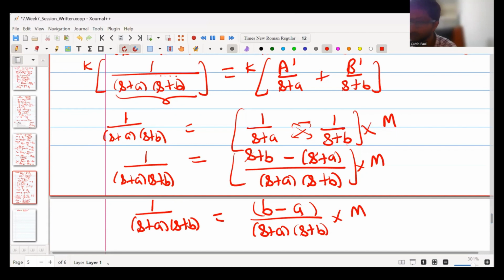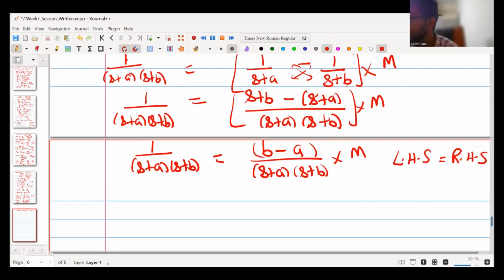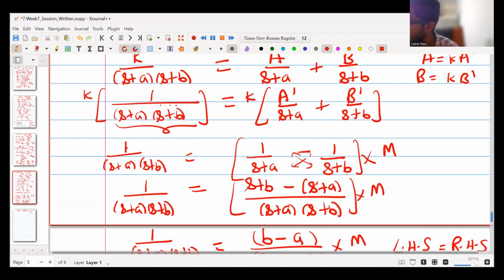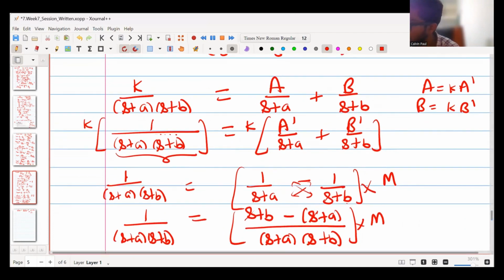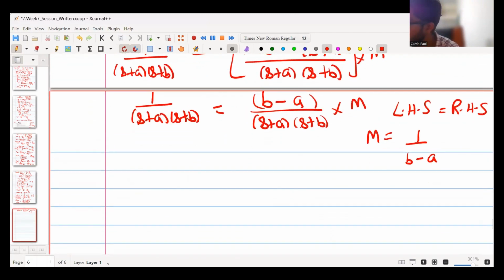So now if you want your left hand side to be equal to your right hand side, then what should be the value of m? So m should be equal to 1 upon b minus a. If m is equal to 1 by b minus a, then you will replace this by this.